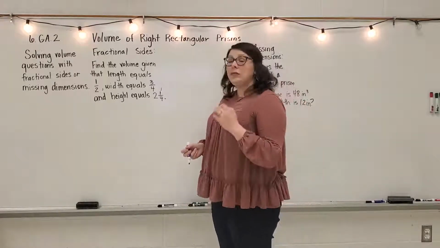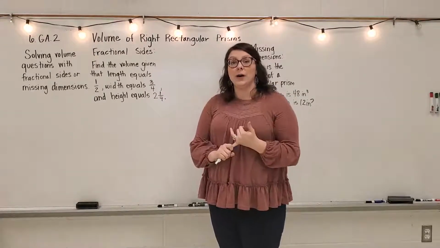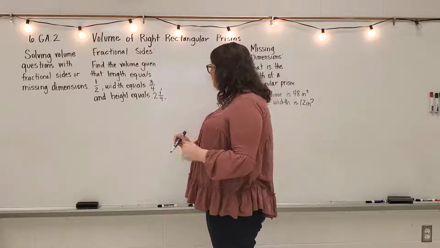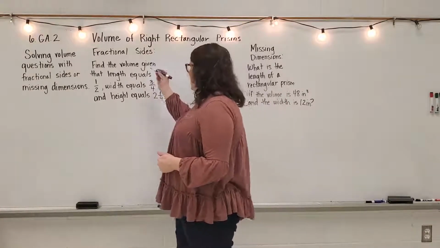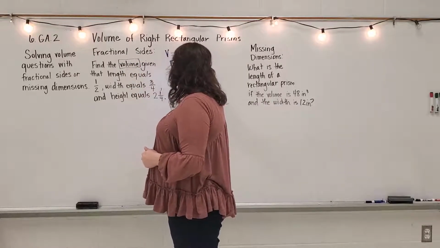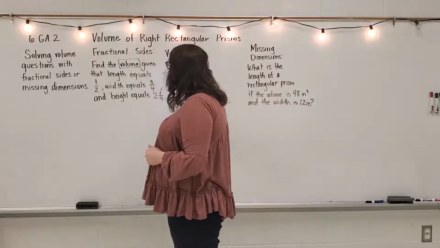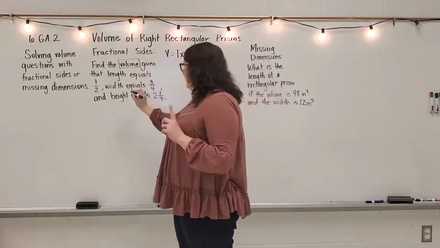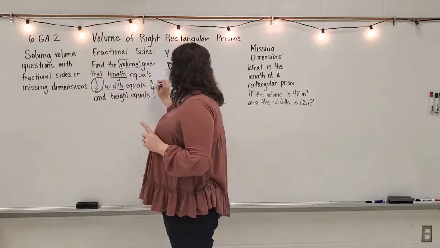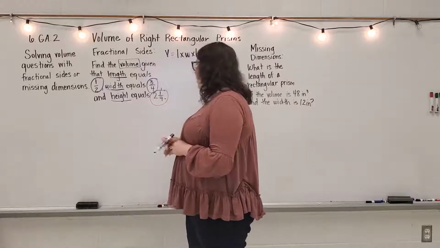Well, one of the things that I always do when I see volume in a question, I automatically box it in and write down the formula that we're going to use, okay? So it says, find the volume, and I'm going to automatically write volume equals length times width times height, given that length equals 1/2, width equals 3/4, and height equals 2 1/4.